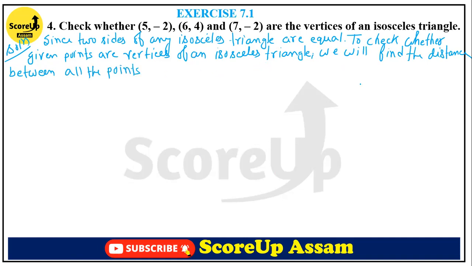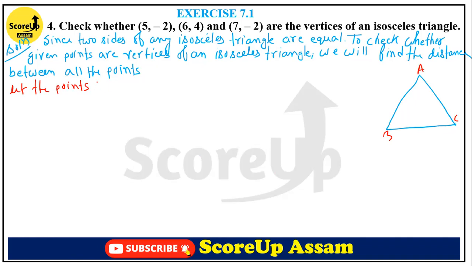I am just drawing a diagram for understanding. In the exam, you don't need to draw it. Suppose this is A, this is B, and this is C. I am just writing all this to explain, and you should make some notes and understand.